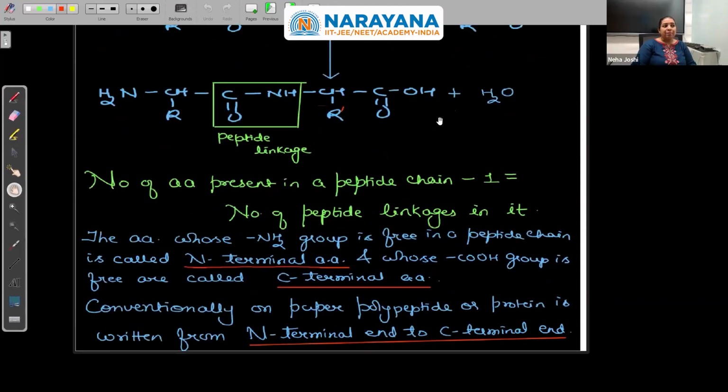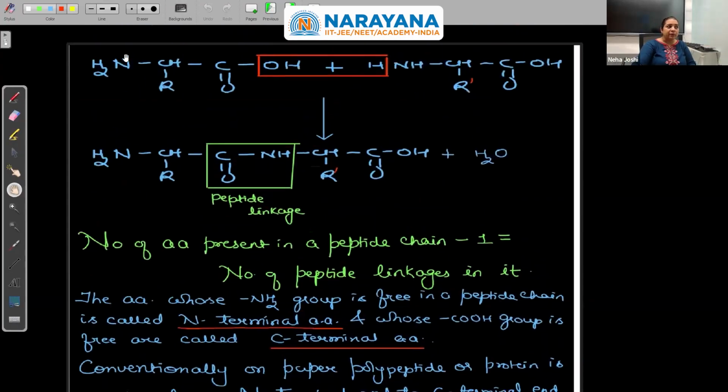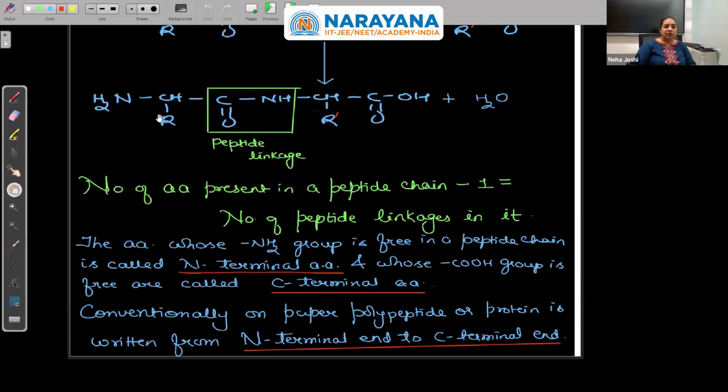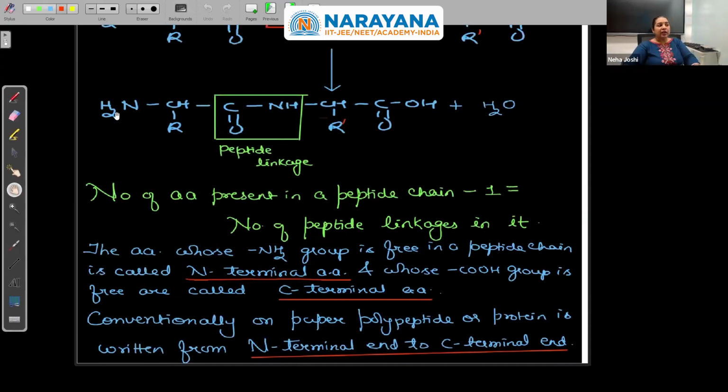And when you write a peptide chain on paper or any polypeptide linkage, always remember the amino acid whose N-terminal or NH2 group is free is called N-terminal amino acid. And the amino acid whose COOH group is free is called C-terminal. And while you write on paper, N-terminal has to be on the left-hand side. Okay, on paper, polypeptide or protein is written from N-terminal end to C-terminal end. So you start with the N-terminal and you end with C-terminal.